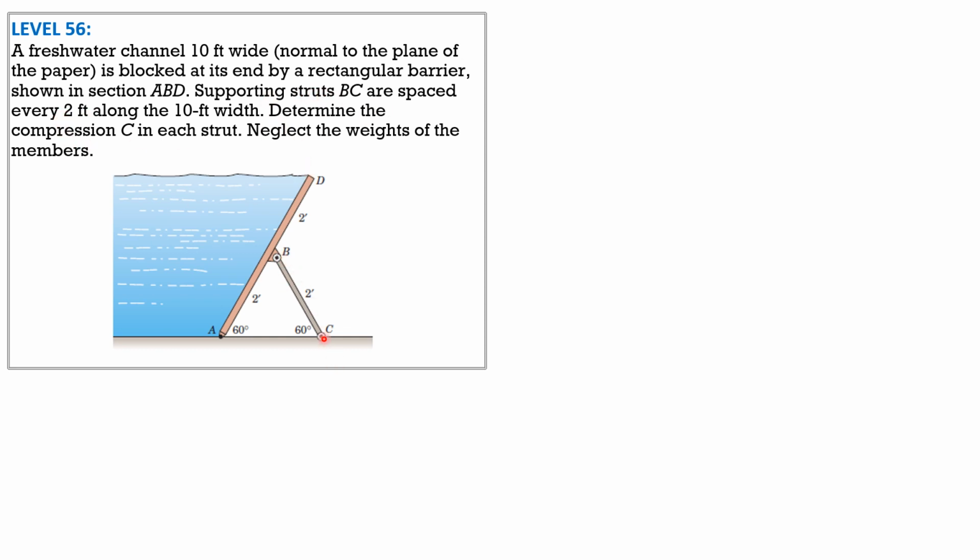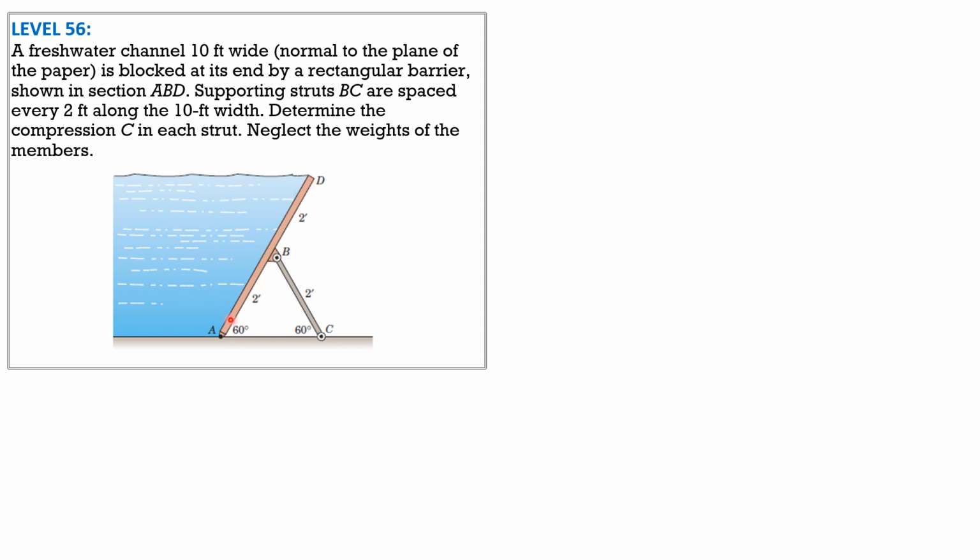If we are asked to compute the compression C in each strut, then we consider 2 feet, not 10 feet along the board, because the struts are spaced every 2 feet. So the tributary width to be considered is 2 feet perpendicular to the paper. Determine the compression C in each strut, neglecting the weights of the members.